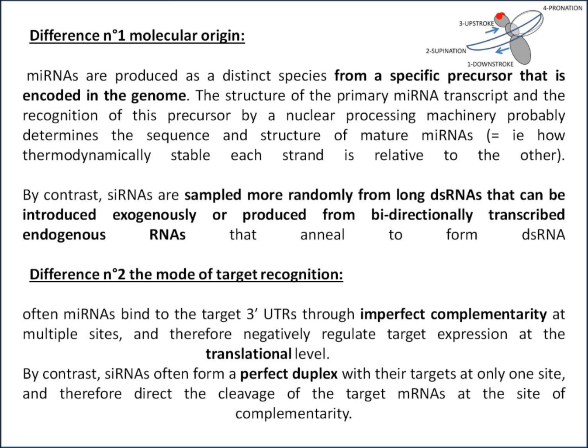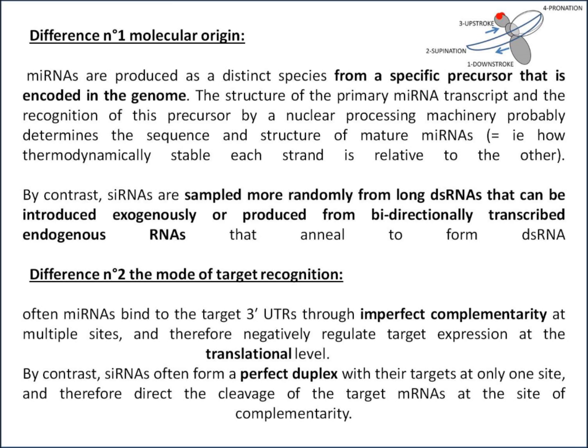In contrast, small interfering RNAs are sampled a bit more randomly from long double-stranded RNAs that can be introduced exogenously or produced from bidirectionally transcribed endogenous RNAs that then anneal to form the trigger, the double-stranded RNA. The second main difference is the mode of target recognition.